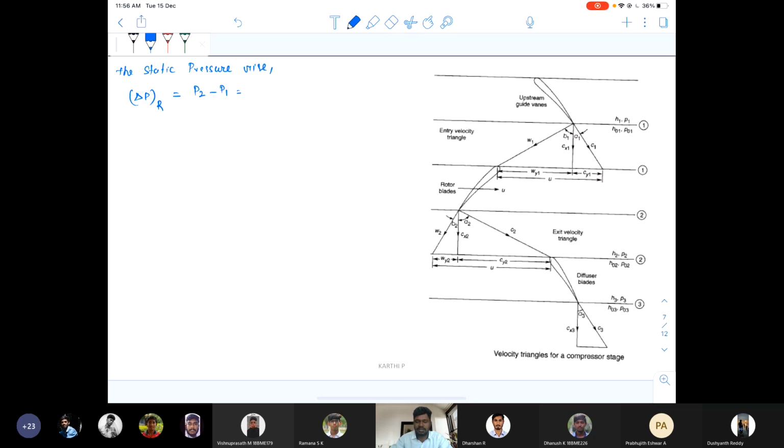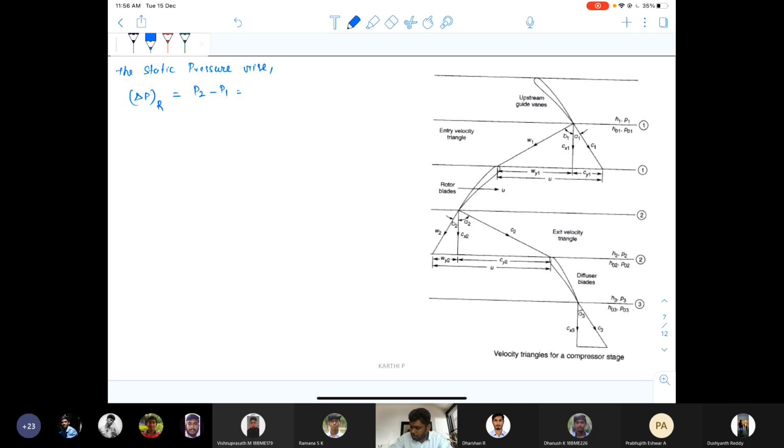This is the rotor section, from state 1 to state 2. The pressure will rise from state 1 to state 2. Therefore, the difference P2 minus P1 gives the static pressure rise in the rotor. So delta P of R equals P2 minus P1.